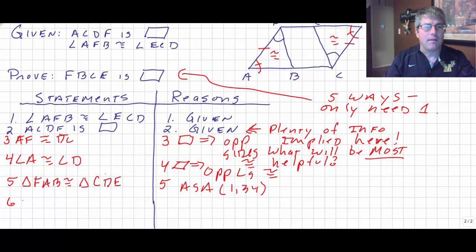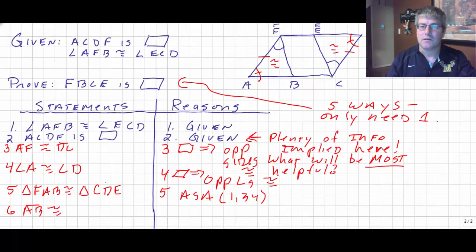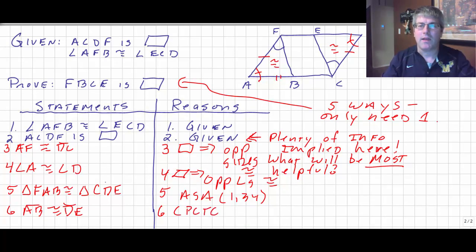Well, I know that AB is congruent to DE because they're corresponding parts of congruent triangles. So I have AB congruent to DE. And don't I know that FD is congruent to AC? I'm going to do a little subtraction here.